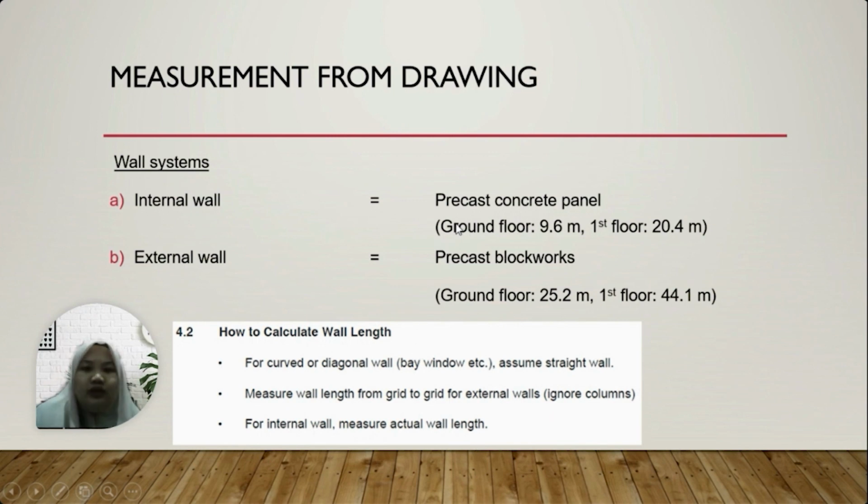For internal walls, we measure actual wall length. We use precast concrete panel, with length for the ground floor of 9.6 meters and first floor of 20.4 meters. For external walls, we use precast block work, with length of 25.2 meters for the ground floor and 44.1 meters for the first floor.